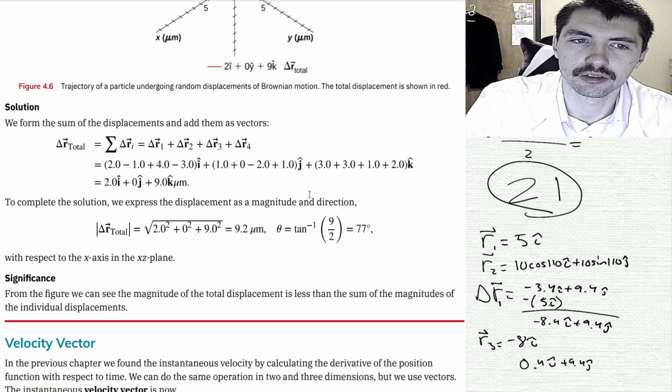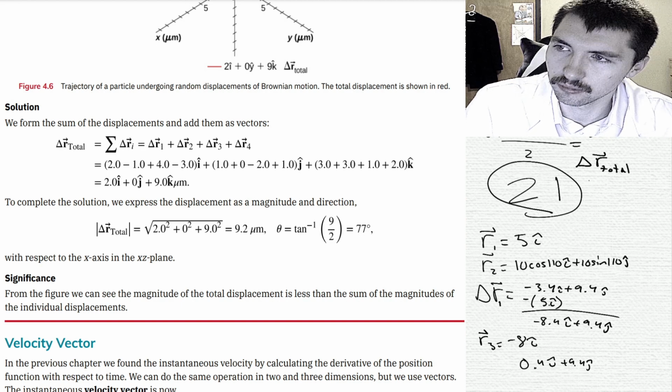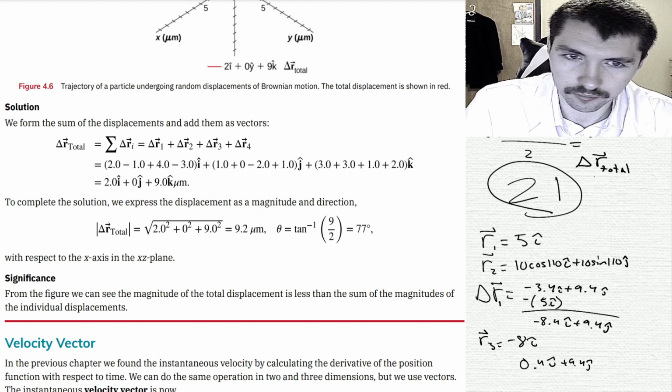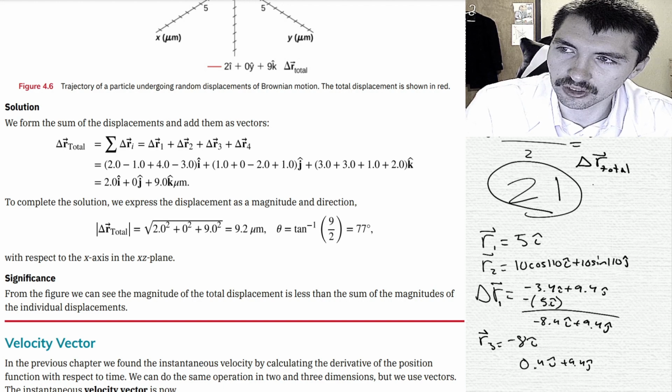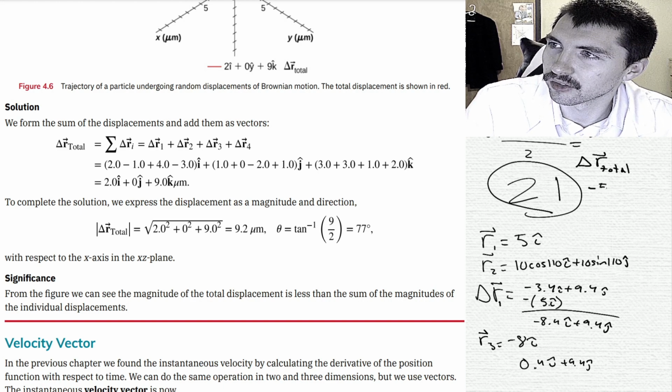So we're finding delta R total. So R1 is 5. So maybe it should be negative 5i minus 3.4i.